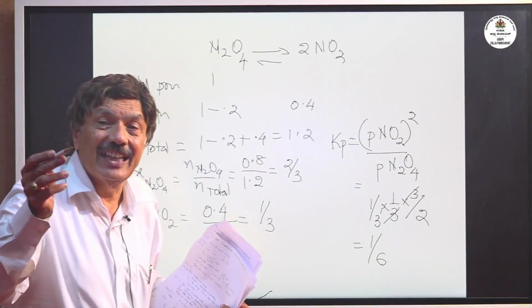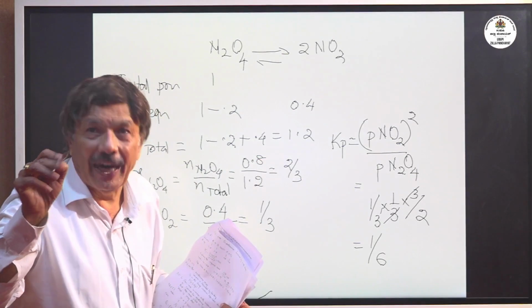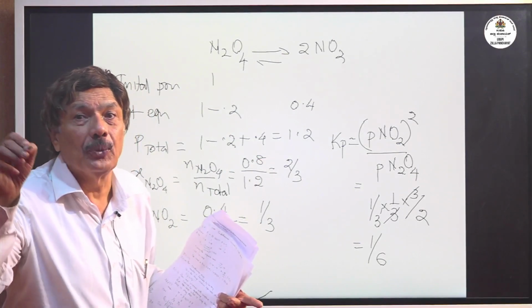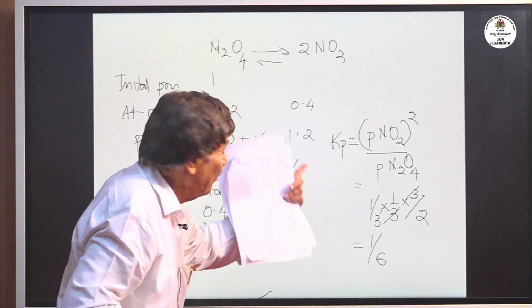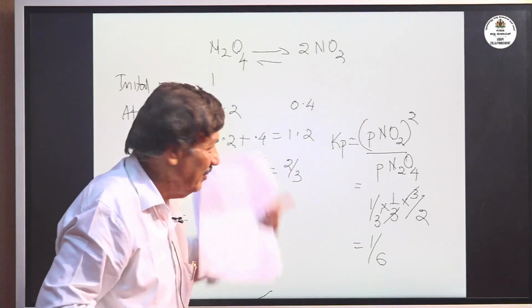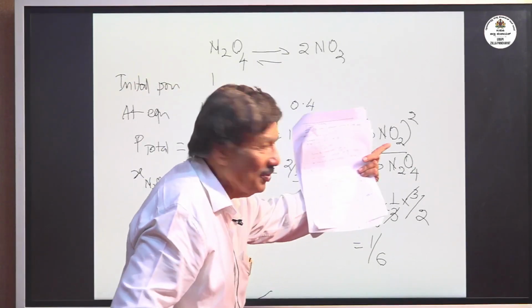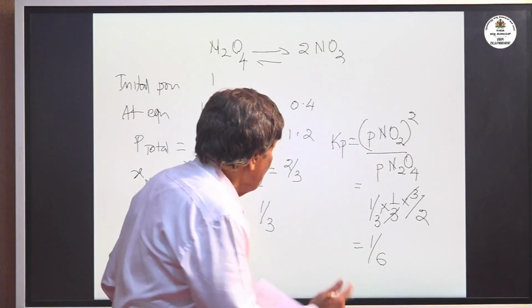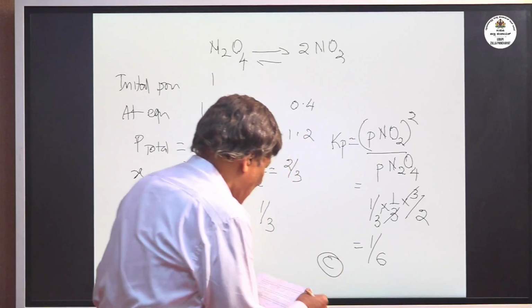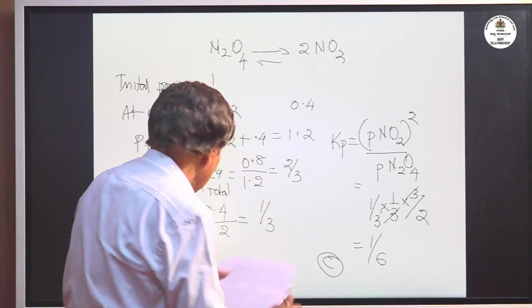Partial pressure is mole fraction into pressure. Since the pressure is 1 atmosphere, multiplying by 1 keeps it the same. So we substituted and got 1 by 6. Option C is the right answer.